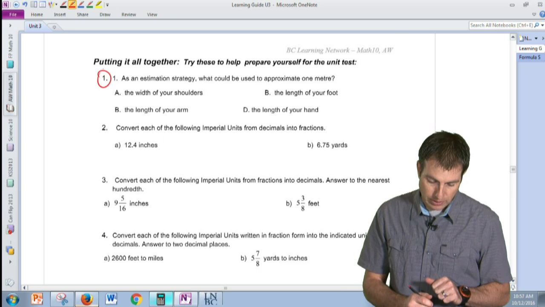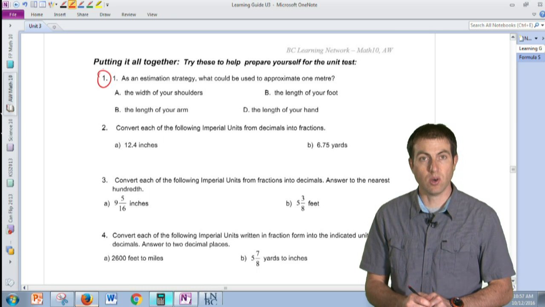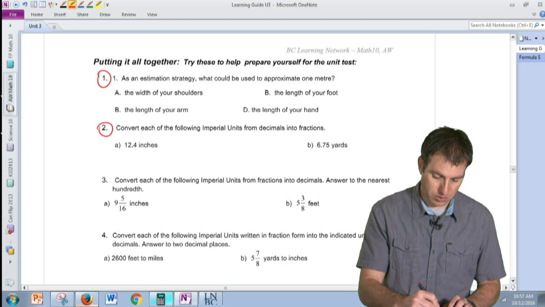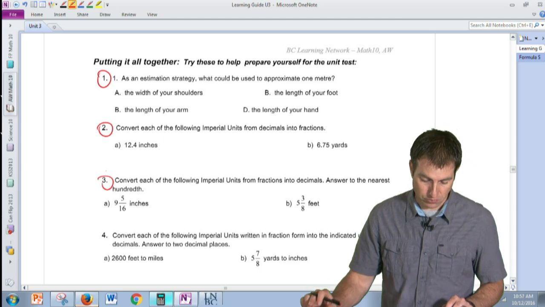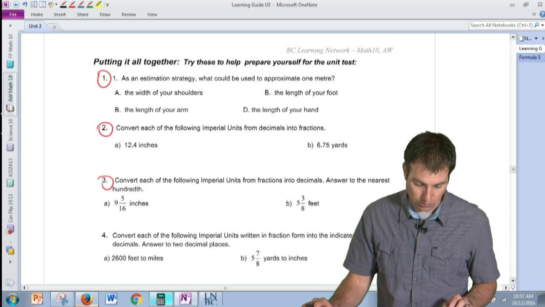Do all of number 1. That won't take very long. And convert each of the following imperial units from decimals to fractions. So converting from decimals to fractions, and then number 3, converting from fractions to decimals. Those are really straightforward, won't take very long. So we'll do 1, 2, and 3. We'll do all of those.